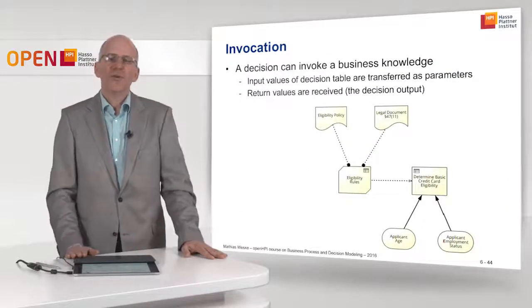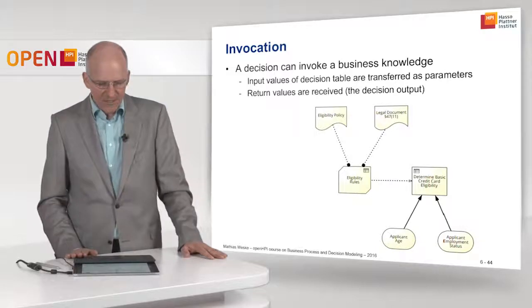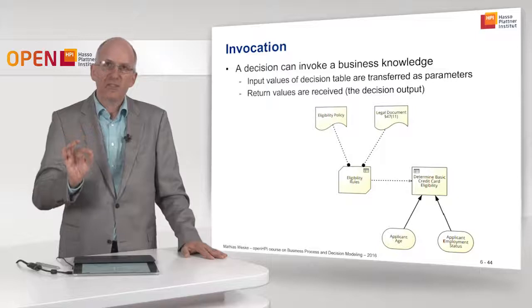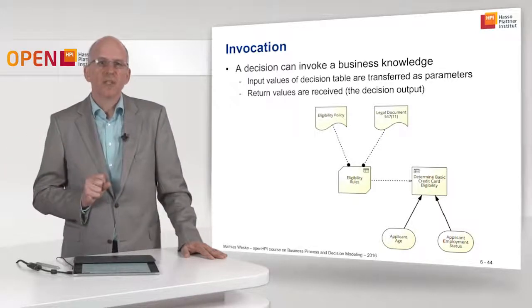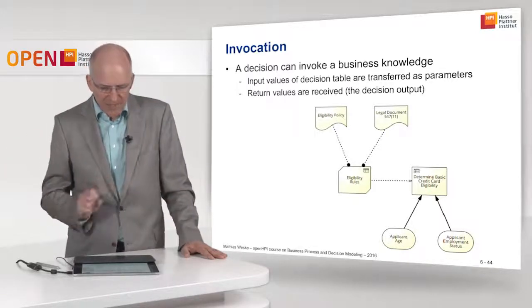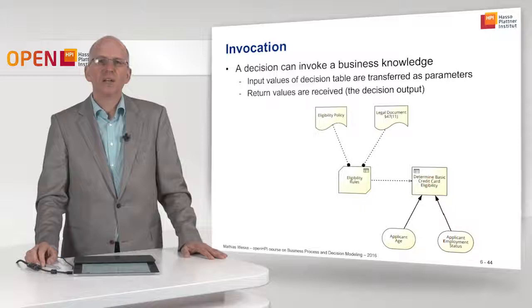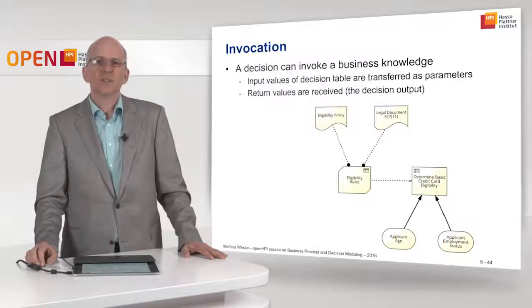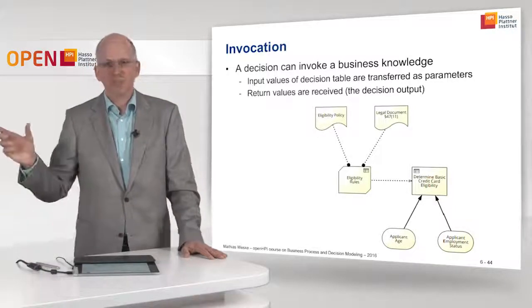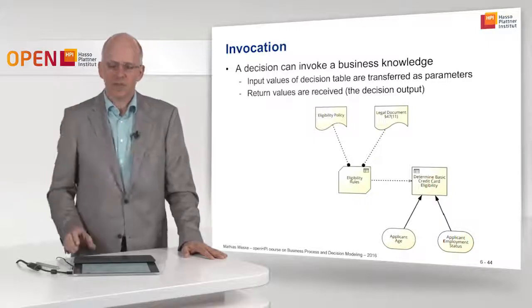Finally, we have the invocation. The invocation is done from a decision to a business knowledge. What happens is that input values of the decision are transferred as parameters to the business knowledge, and the return values are received from the business knowledge by the decision.